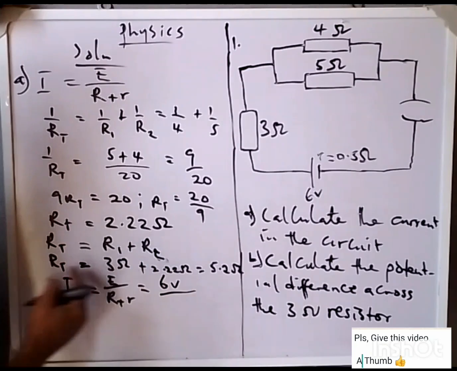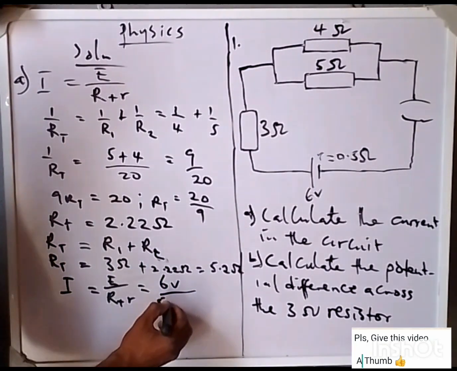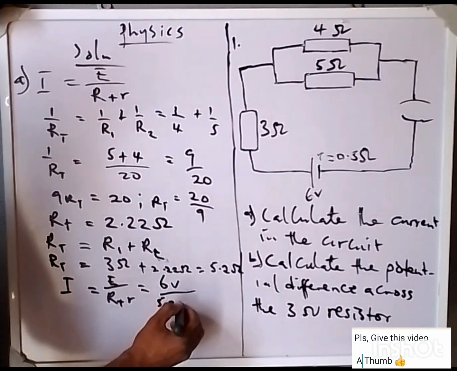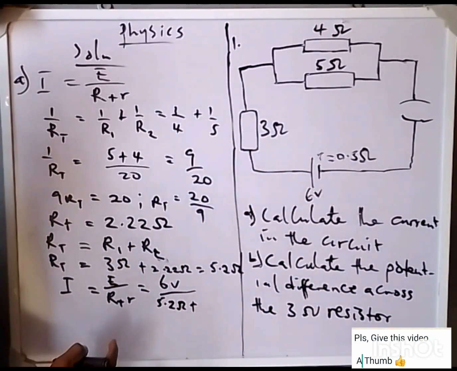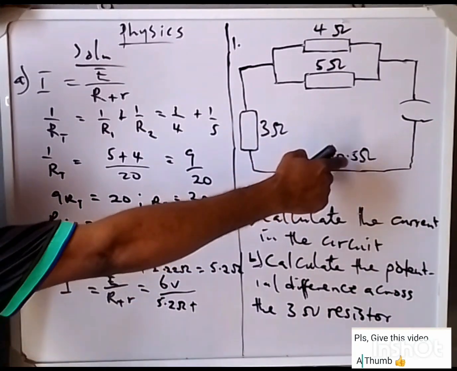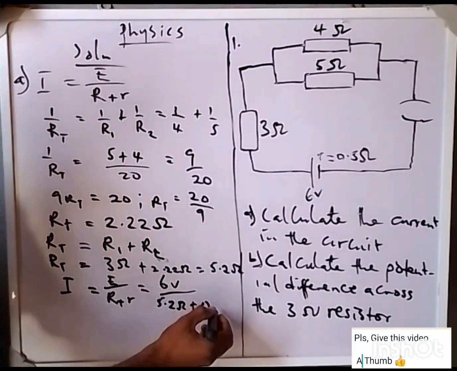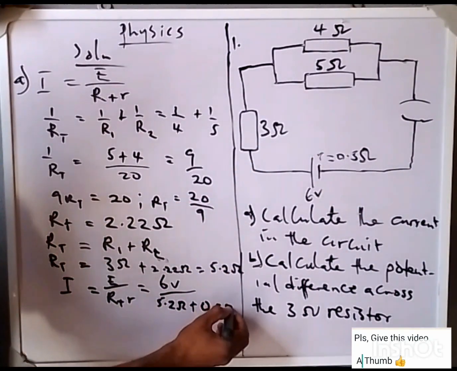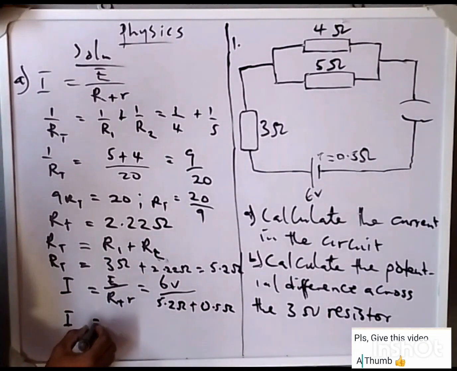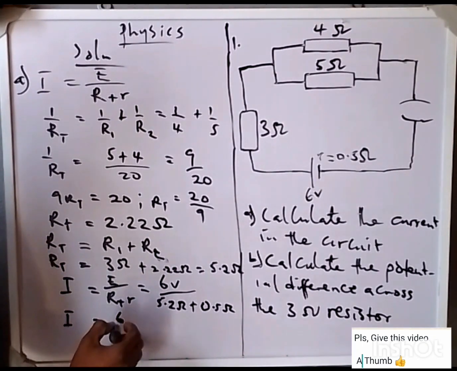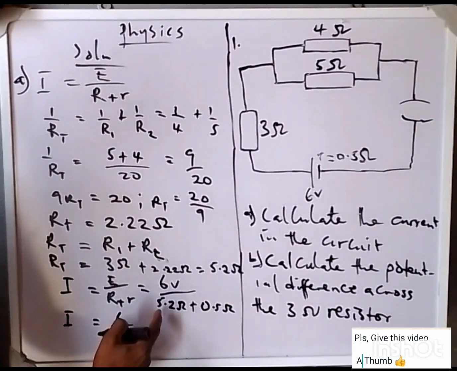This R is RT, which is 5.2 ohms plus our small r, 0.5 ohms.